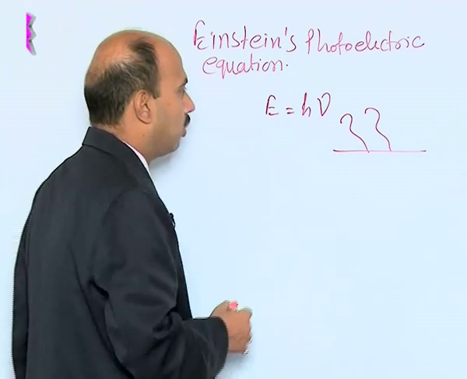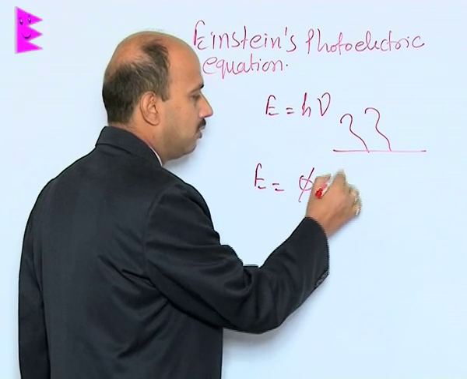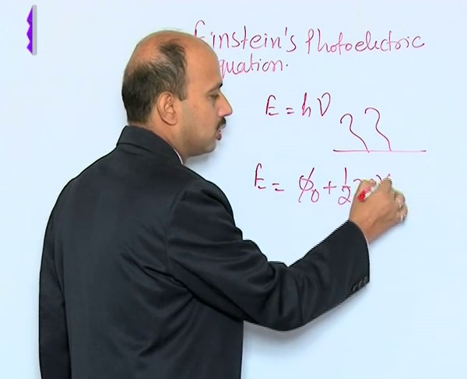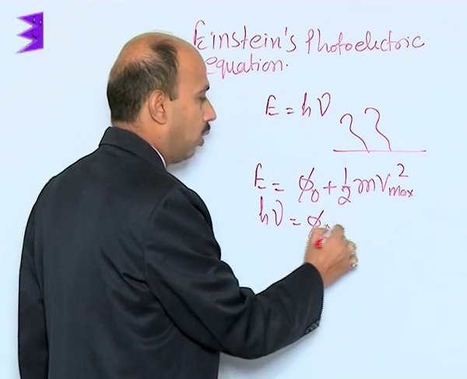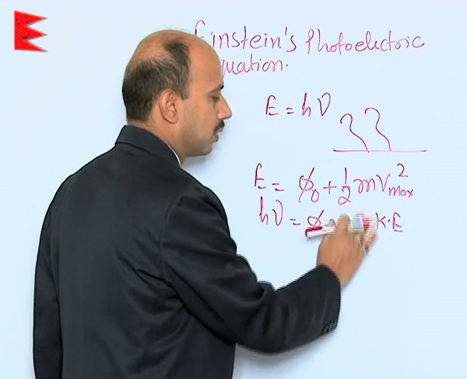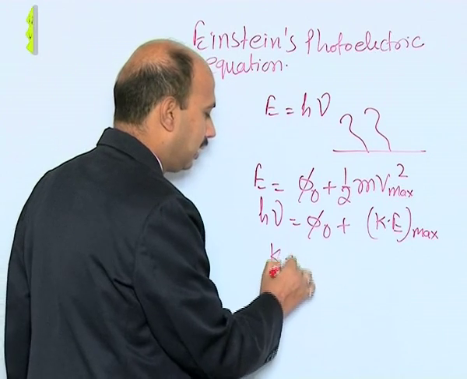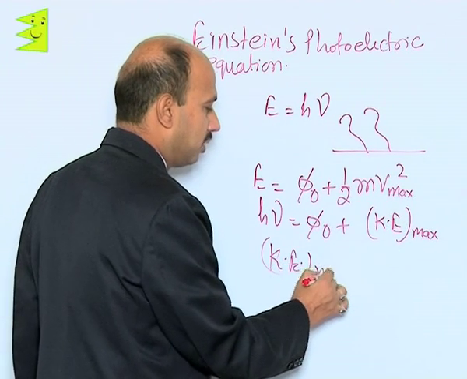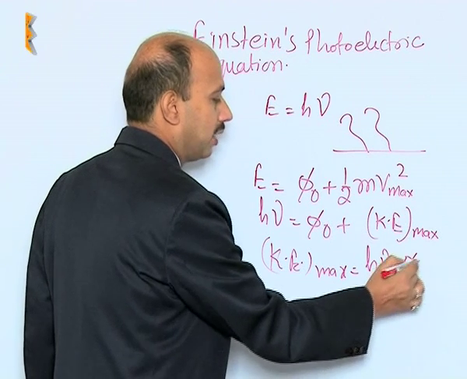So we can write E is equal to work function plus maximum kinetic energy. That is, h nu is equal to phi naught plus half m v squared, that is kinetic energy max. So kinetic energy max is equal to h nu minus phi naught.